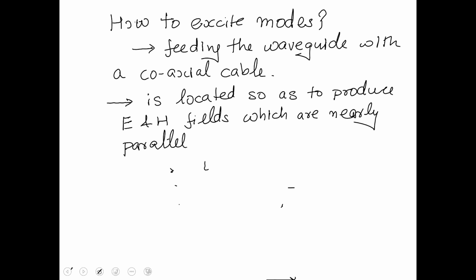They'll never be perfectly parallel, but nearly parallel to the fields of the mode you want to excite.